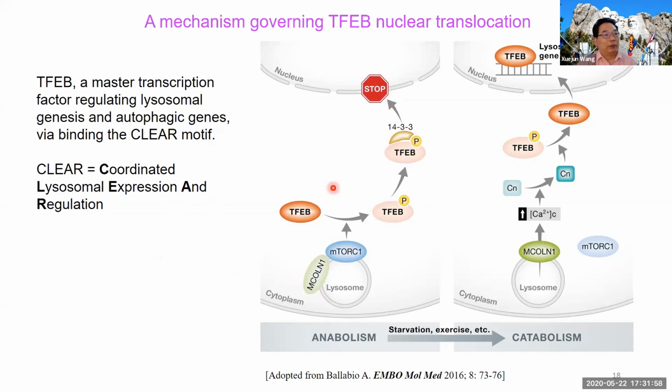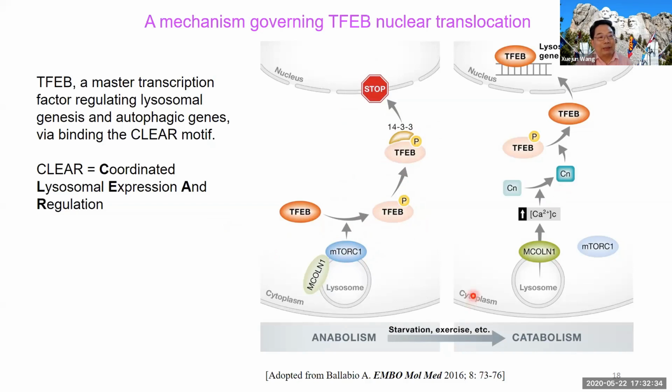But in a fed or rest condition, TFEB is constitutively phosphorylated by mTOR complex 1. It can be phosphorylated by other kinases as well, but primarily the important one is mTORC1. That phosphorylated TFEB will be bound by the chaperone 14-3-3, which will sequester TFEB in the cytoplasm and prevent it from getting into the nucleus. Then, as a transcription factor in the cytoplasm, it will not be able to do anything.